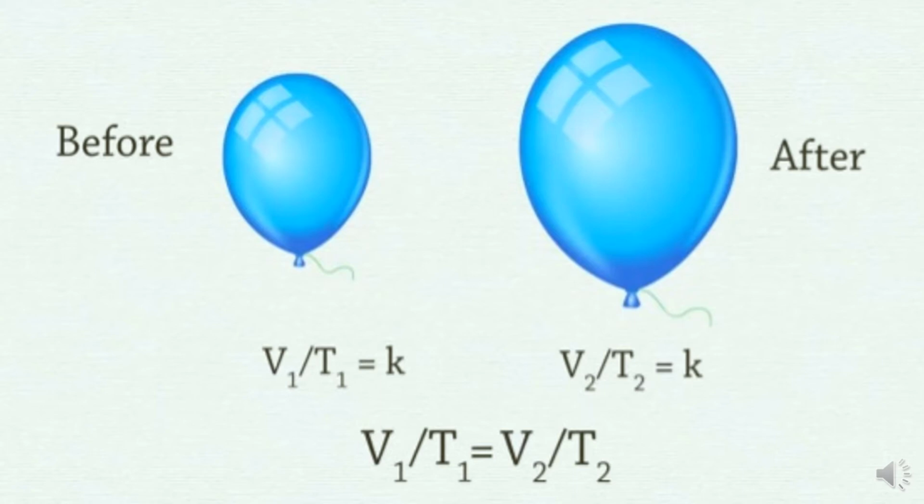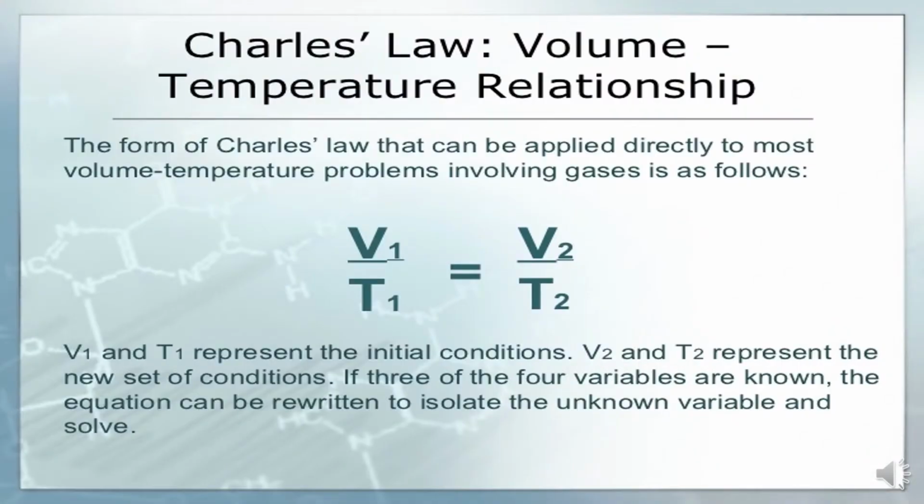That is the basic principle behind the hot air balloon phenomenon. So Charles' law relates two different states: V1 over T1 is equal to V2 over T2. That will always be a constant, and we can find the value of one unknown variable if the other three variables are known.